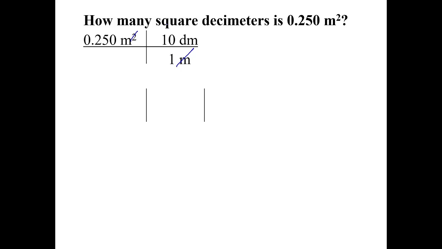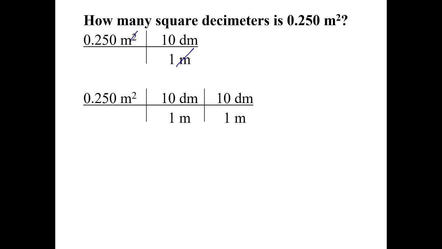It wouldn't fully cancel. So what we're going to have to do is do it 2 times. That way meters times meters is meters squared, and that will cancel. Then decimeters times decimeters is decimeters squared. So we're going to multiply it by 10 twice. And we get 25 decimeters squared.